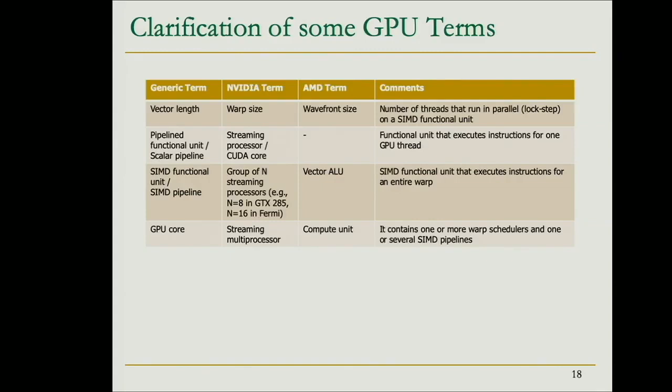For example, when I talk about GPU core, it is what NVIDIA calls a streaming multiprocessor. Inside a streaming multiprocessor, we have what NVIDIA calls streaming processors, and this is for us a SIMD pipeline or SIMD functional unit.